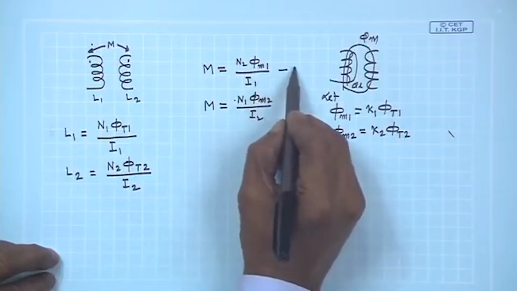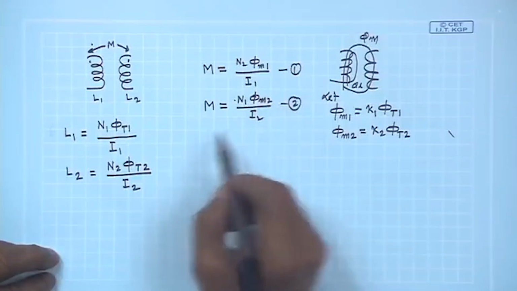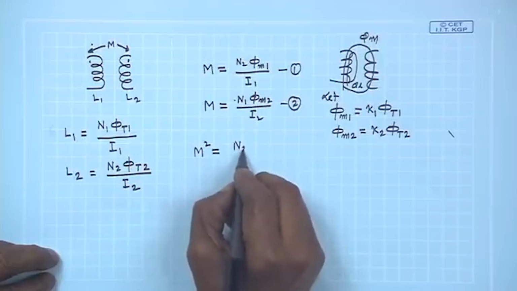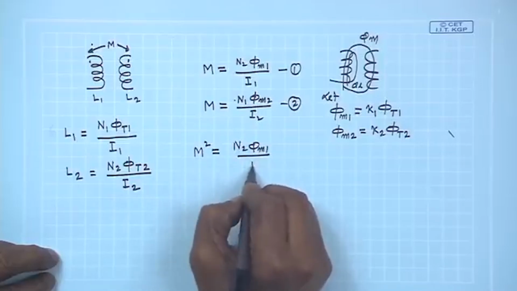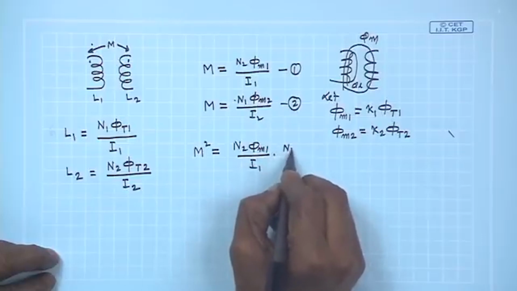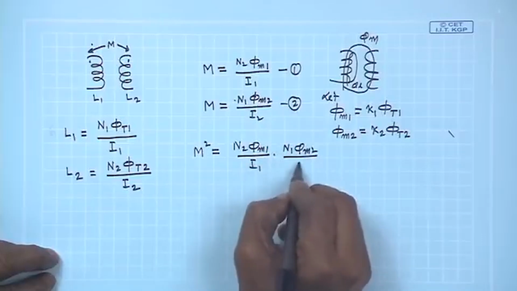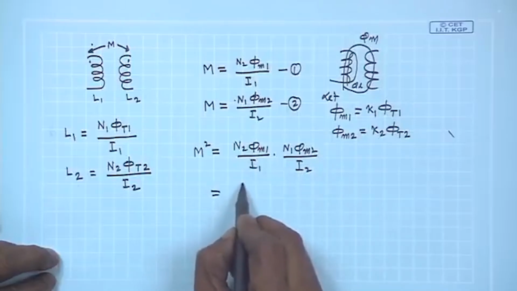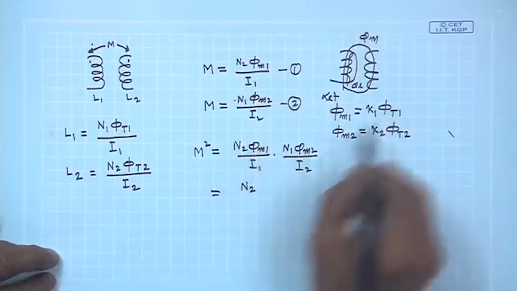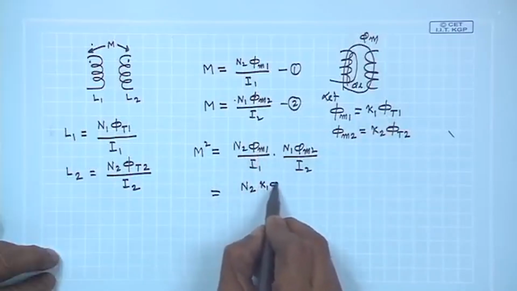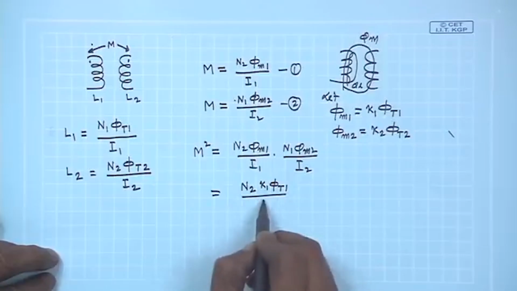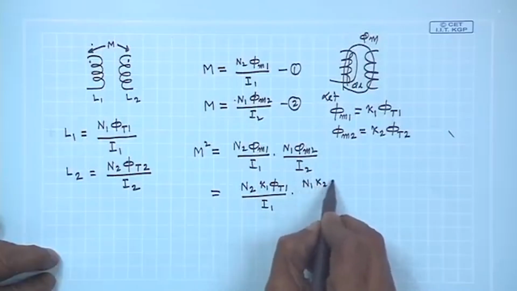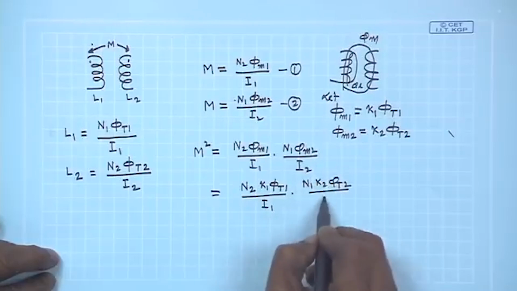Now, what I do with these two equations is multiply them, so that it becomes M square equals N2 phi M1 by I1 into N1 phi M2 by I2. Now, for phi M1, it is a certain percentage of total flux, K1 phi T1 by I1 into N1, and phi M2 is K2 phi T2 by I2.